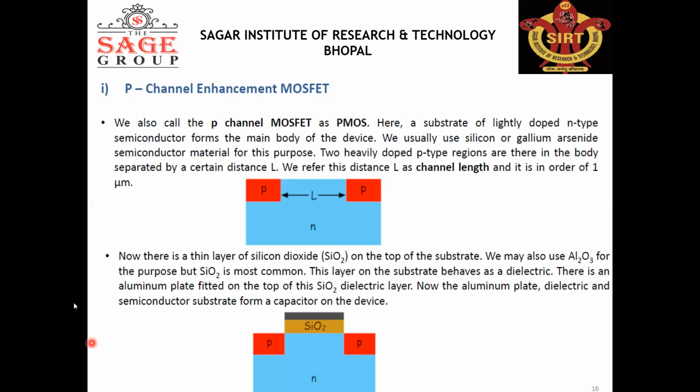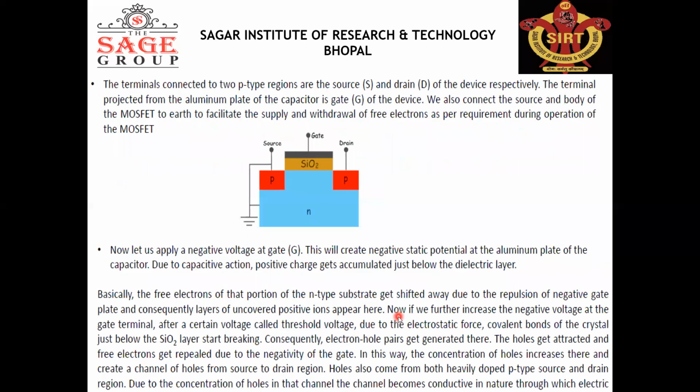There is an aluminum plate fitted on top of the SiO2 dielectric. The aluminum plate, dielectric and the semiconductor substrate form a capacitor in the device. The terminals connected to the two regions are the source and the drain, just like an FET.